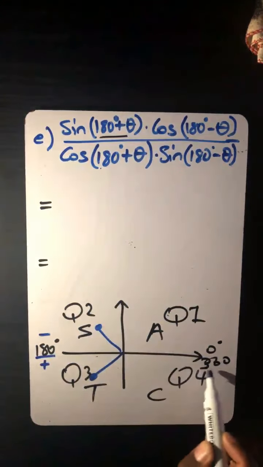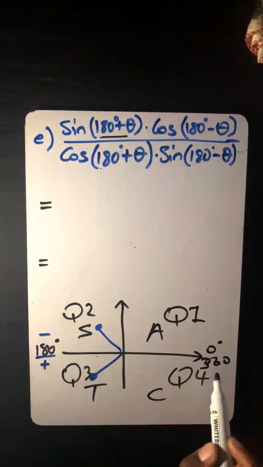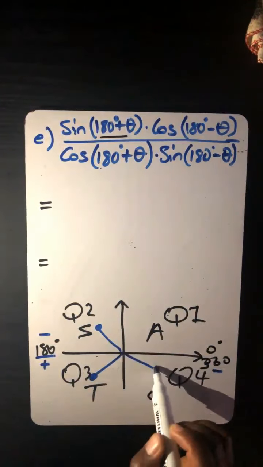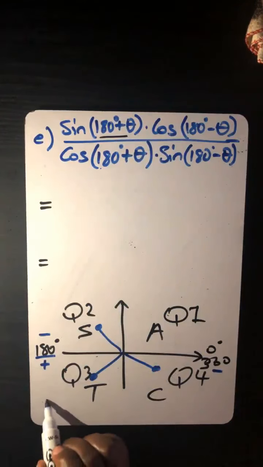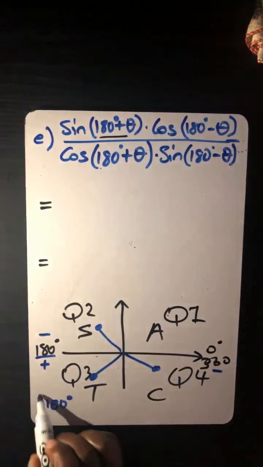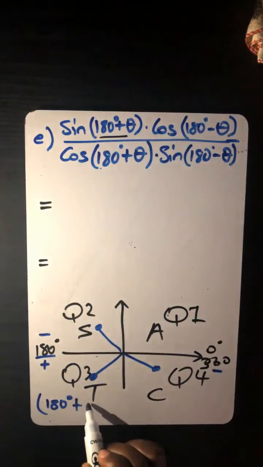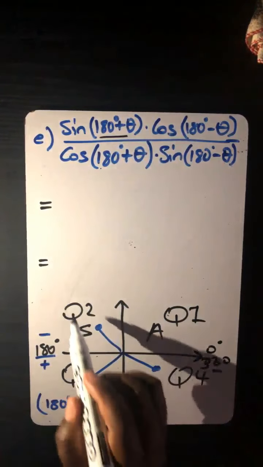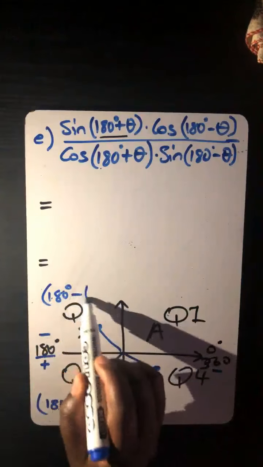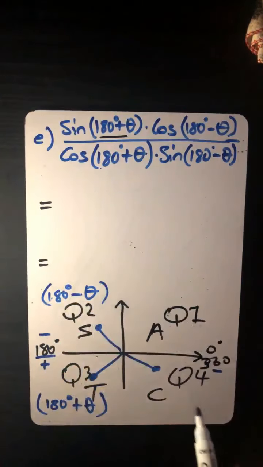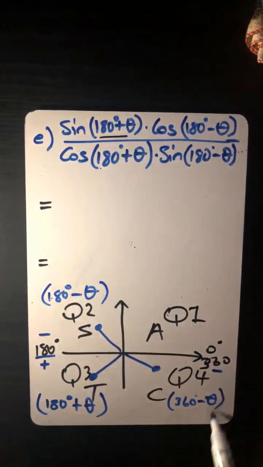So for 360 degrees minus, then we go back to fall into that quadrant. So that means here we have 180 degrees plus angle. So here we have 180 degrees minus an angle. So here we have 360 degrees minus angle. Did that make sense to everyone, guys?